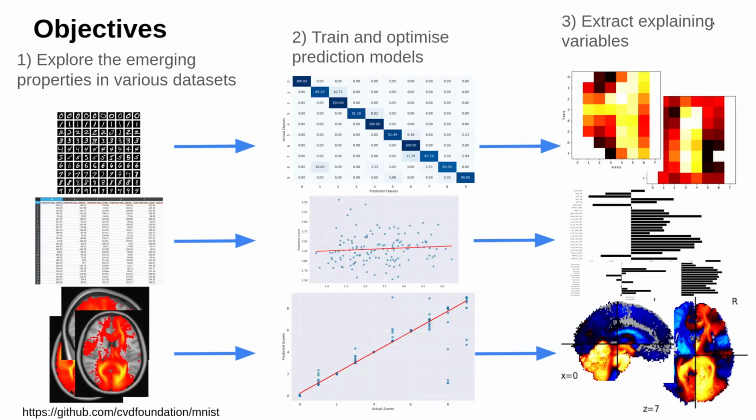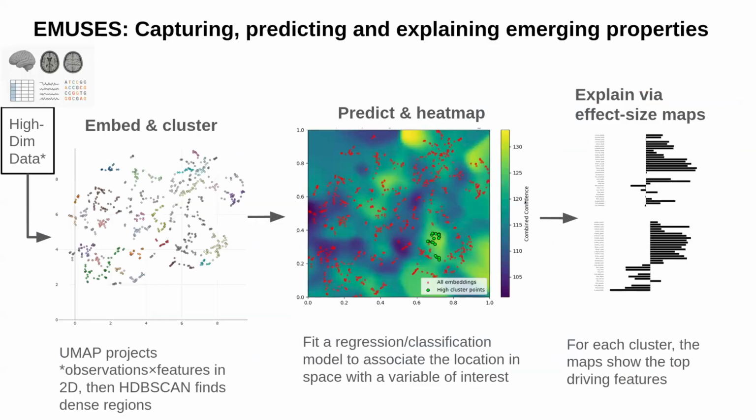And also, we're trying to extract and explain the variables that are making the model reach these predictions. So that's one advantage of the method. And if we go a little bit in more details, the idea is to take your high-dimensional data, your complex and noisy data, then we embed it into UMAP, or you saw we kind of love UMAP here.